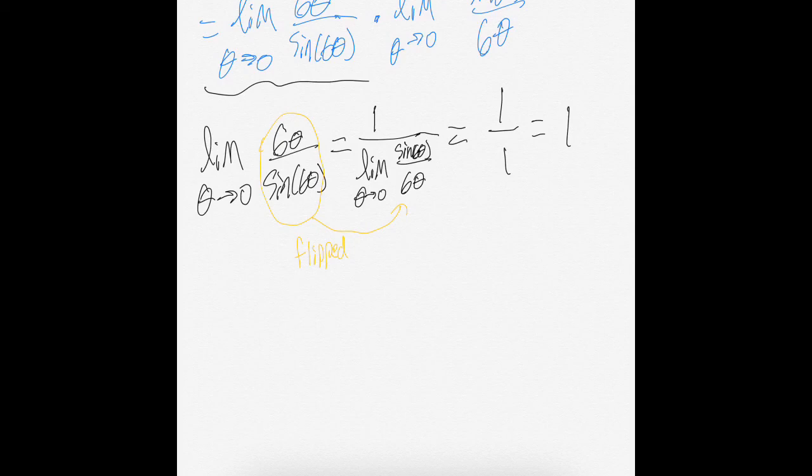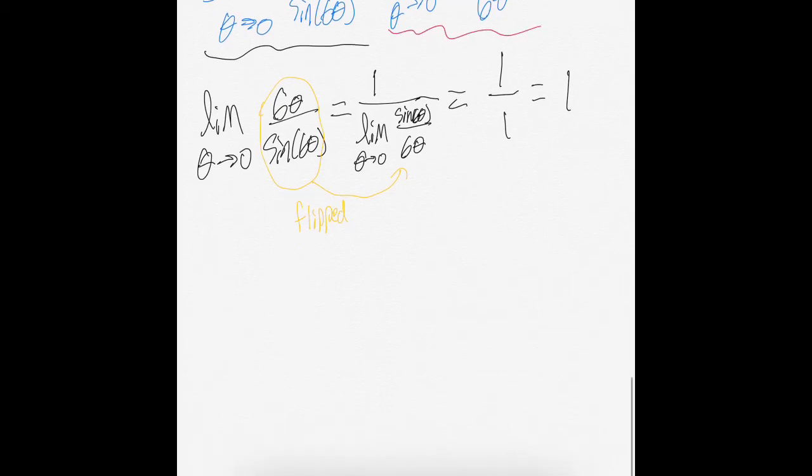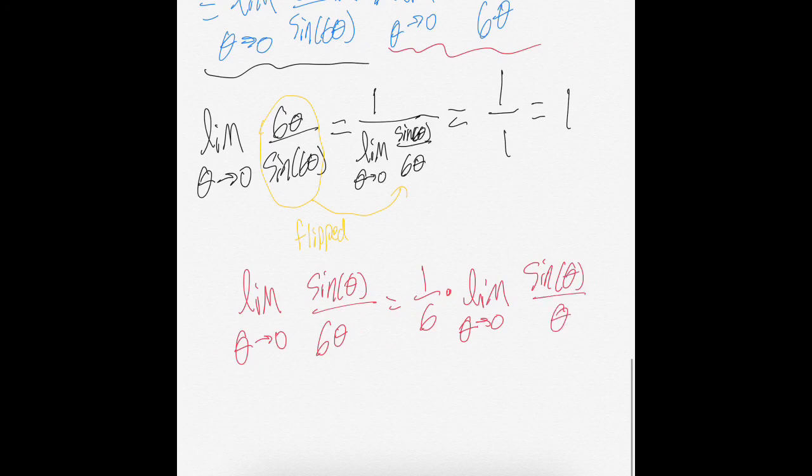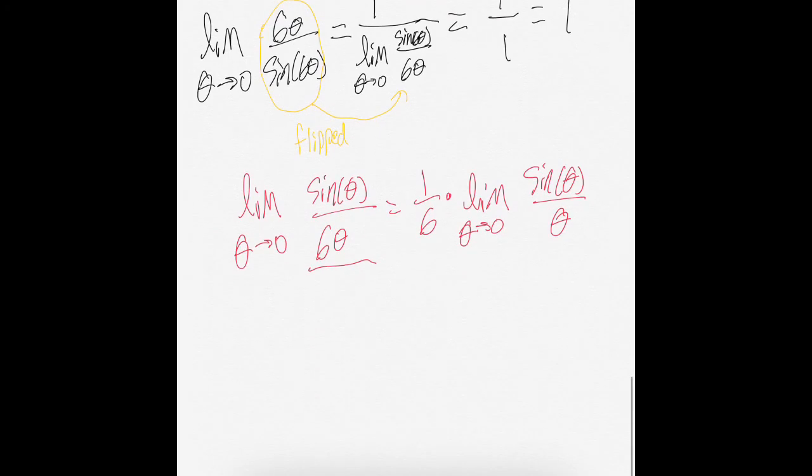Now if we look at the second part of our equation, the limit as theta approaches 0 of sine theta over 6 theta, I can rewrite this as 1/6 times the limit as theta goes to 0 of sine theta over theta. This 1/6 is just a constant that's hiding in the denominator, so I can factor it out of the limit.